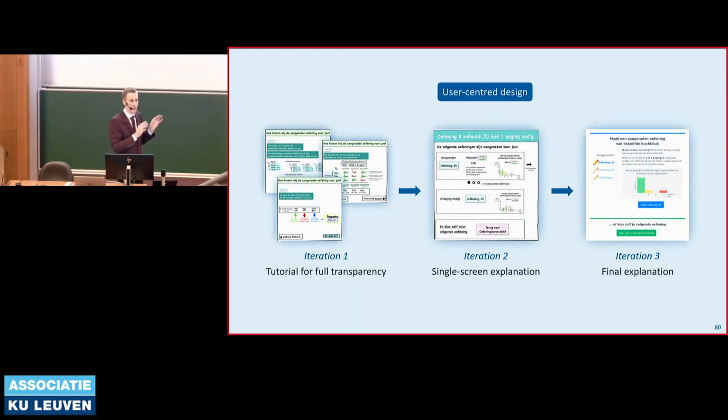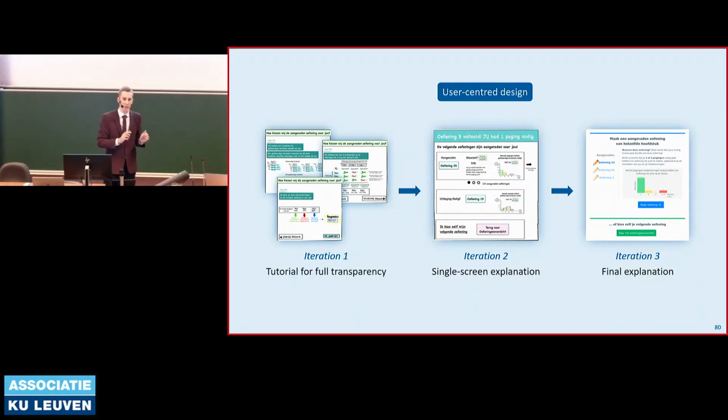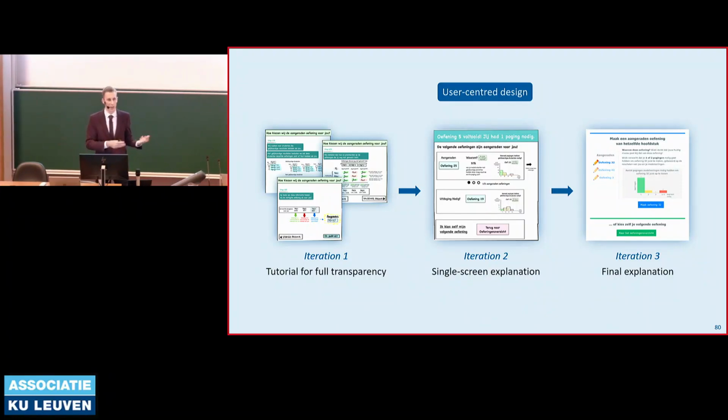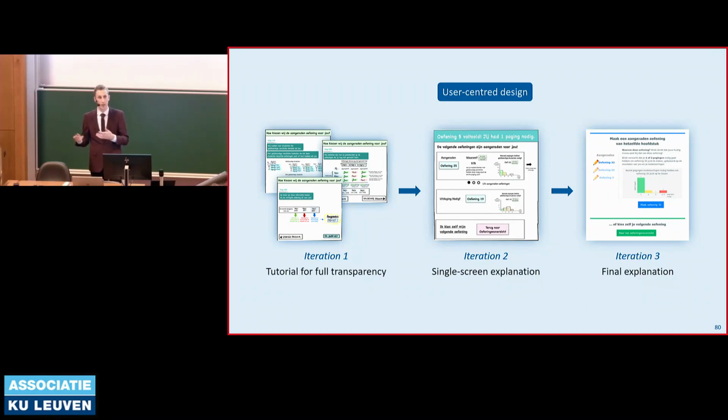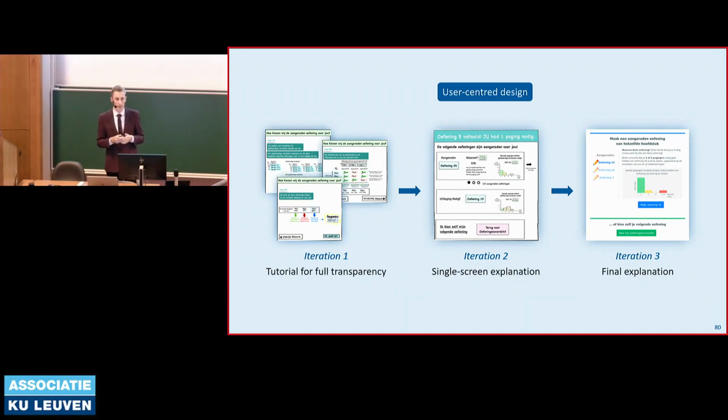Also, I just wanted to give you a glimpse of what happened in the background. We didn't just come up with this design in 5 minutes. We applied so-called user-centered design, which means that we have different iterations of the design, and each time we go to teenagers, ask them what they think about it, and see whether they understand it, whether it fulfills their needs, etc. What we found is that teenagers weren't really interested in a tutorial with full transparency over the model.